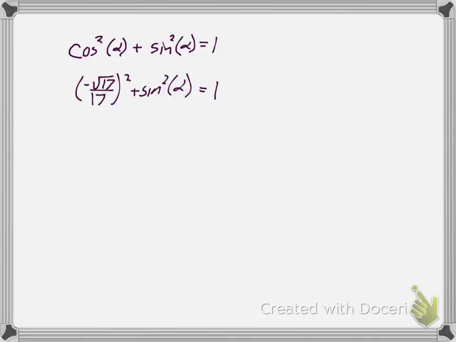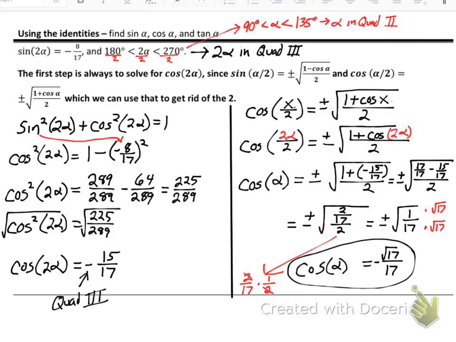As soon as you know cosine alpha, or even sine alpha, use this to get the other one, and then tangent is just putting sine over cosine. So realistically on this problem, the only time I had to use a half identity was here to turn that 2 theta or 2 alpha into just alpha, and in fact this is the only step I actually needed that. This step I use cosine squared plus sine squared equals 1, and that third step down here could have been cosine squared plus sine squared equals 1.